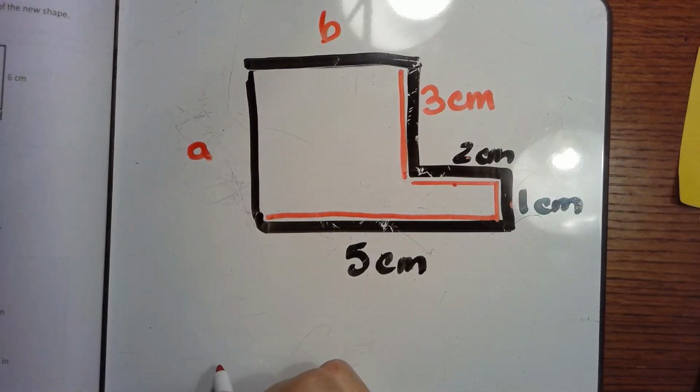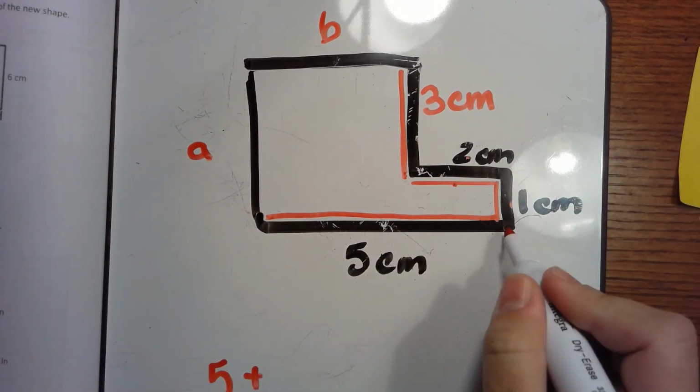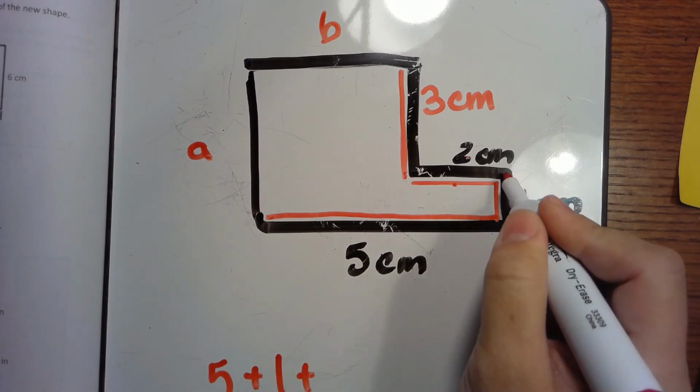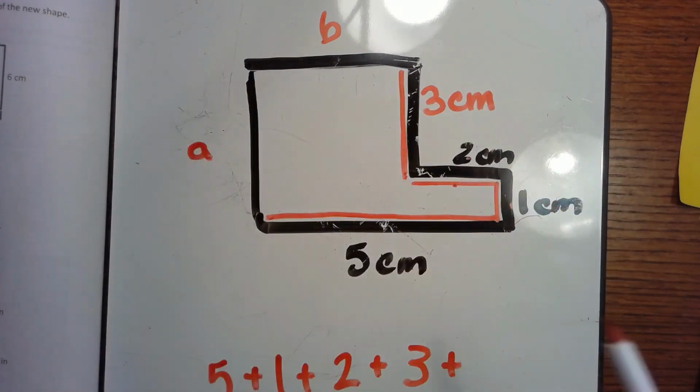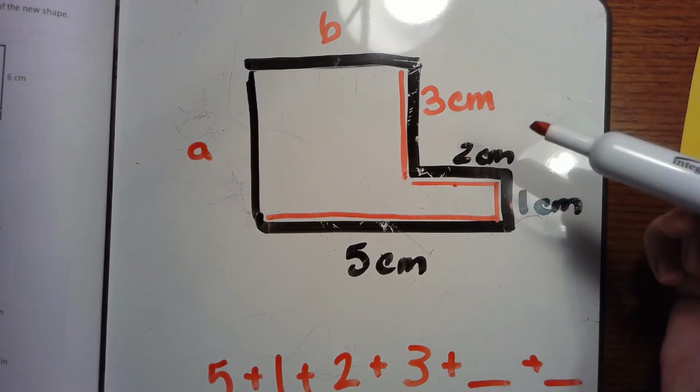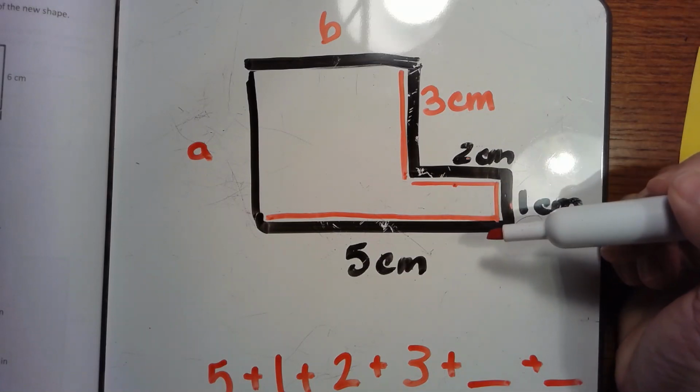So far I know, okay, I have 5 plus 1 plus 2 plus 3 plus whatever A and B are, but we don't know what those are yet. So we need to use logic and reasoning.